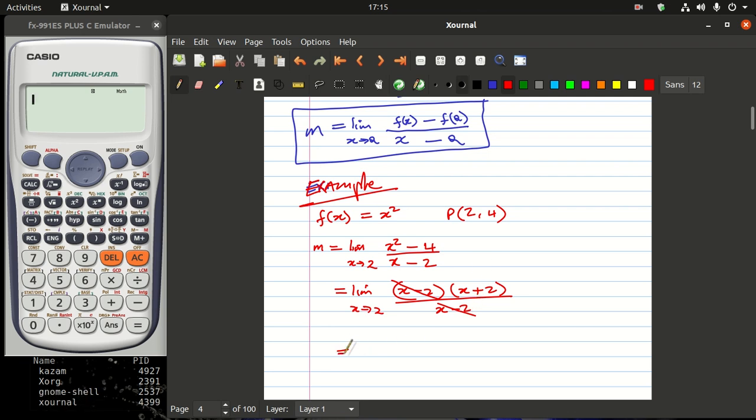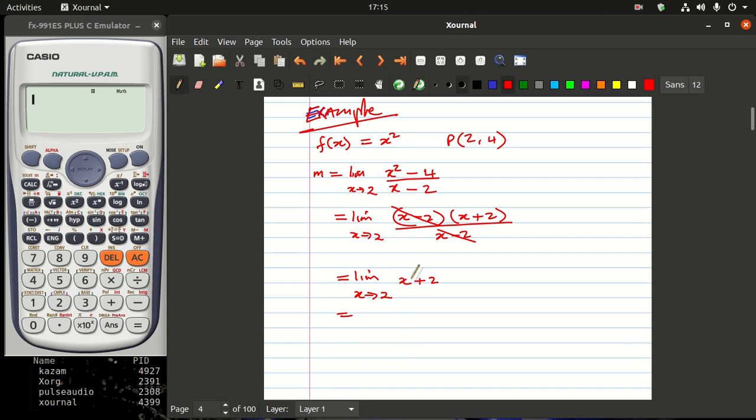So this is going to be the same as the limit as x approaches 2 of x plus 2. Now, if you look into this function here, this function is defined everywhere, even at 2. So when I am picking a point that is so close to 2, such that the computer is not going to pick a difference, let's say I am picking a point x is equal to 2.00000000000000000000000000001.